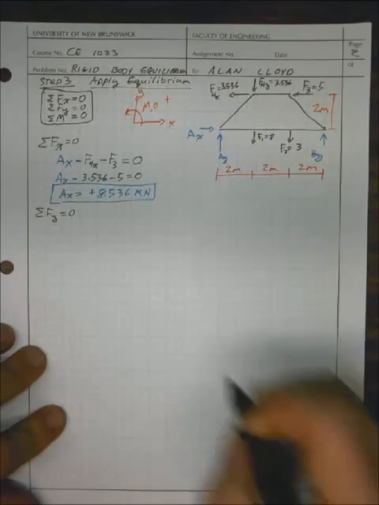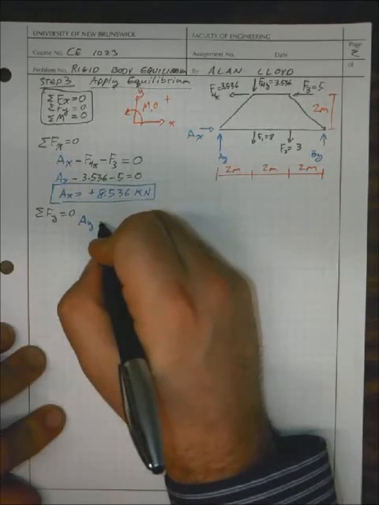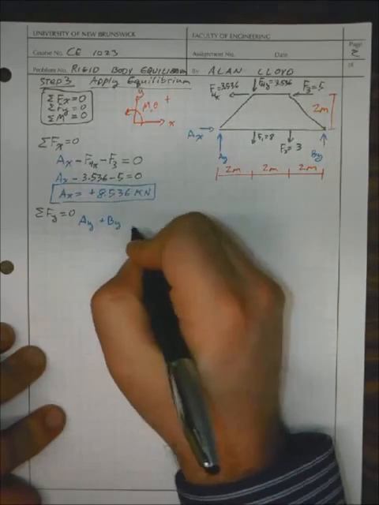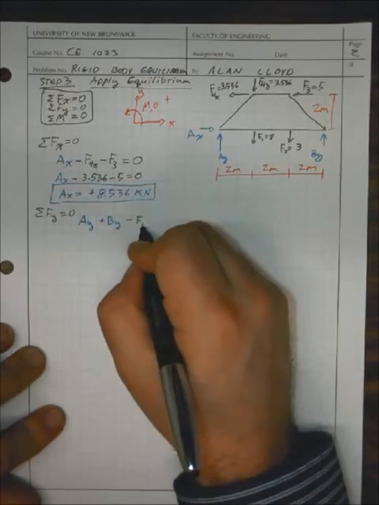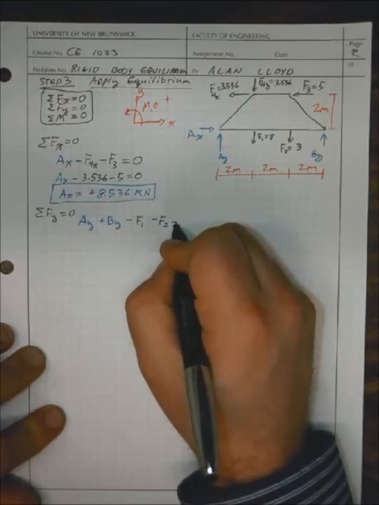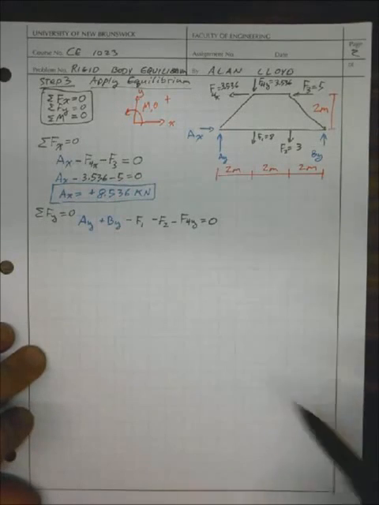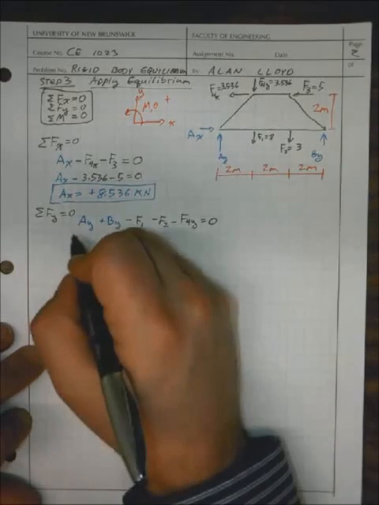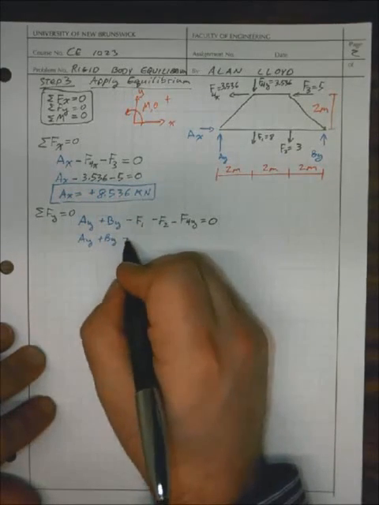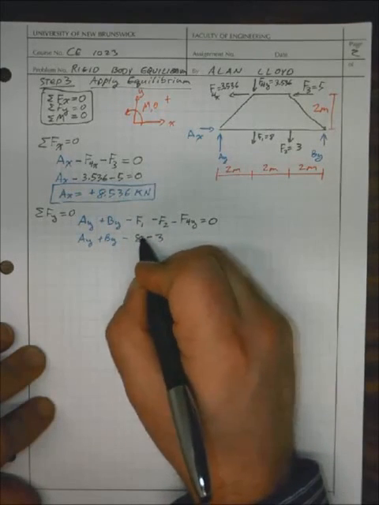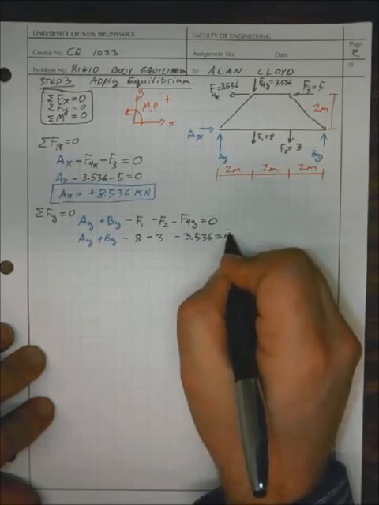We can add all our forces in the Y, AY acting up, so it's positive, plus BY also acting up, so it's positive, minus F1 minus F2 minus F4Y is equal to 0. All three of these are acting down, so they're negative. And if we go a step further, we can say AY plus BY minus 8 minus 3 minus 3.536 is equal to 0.